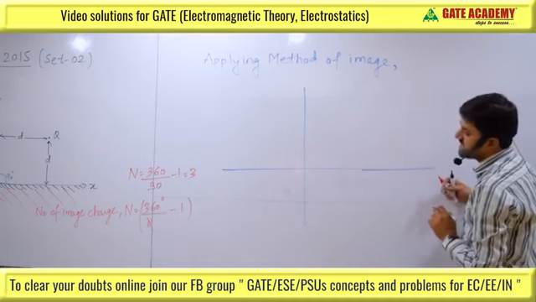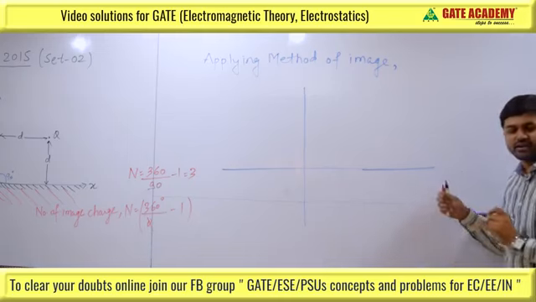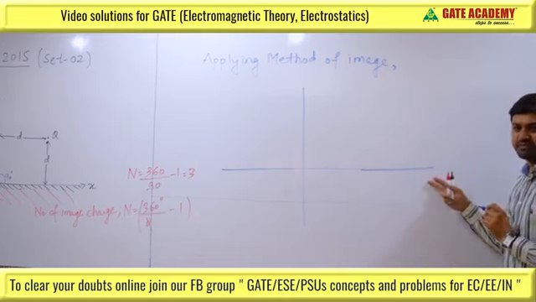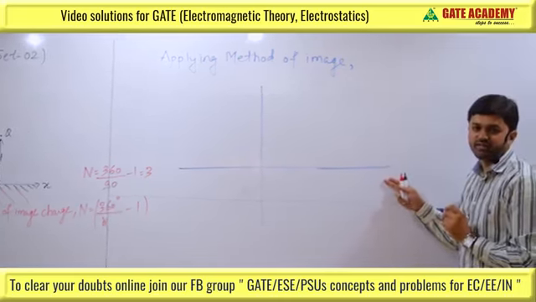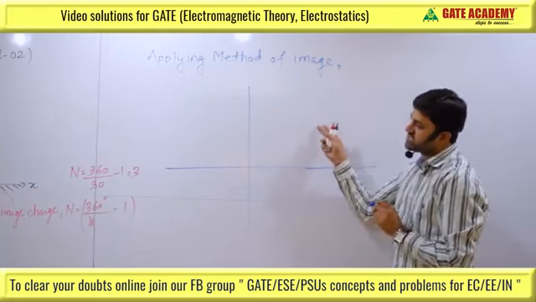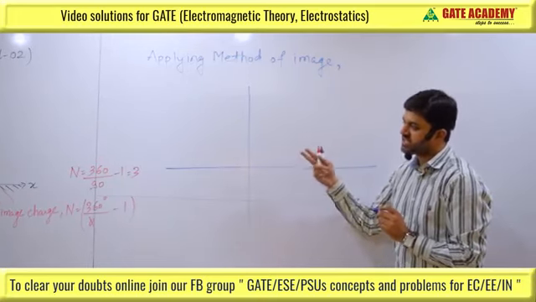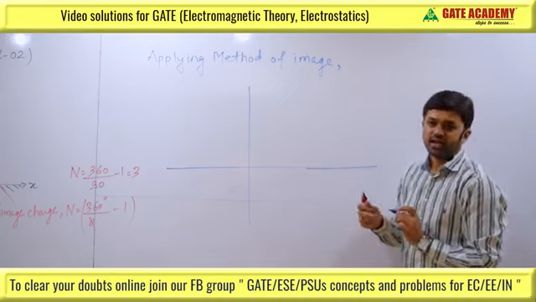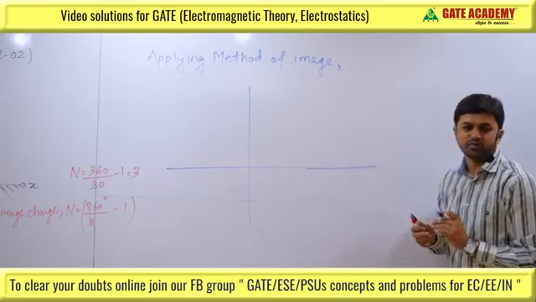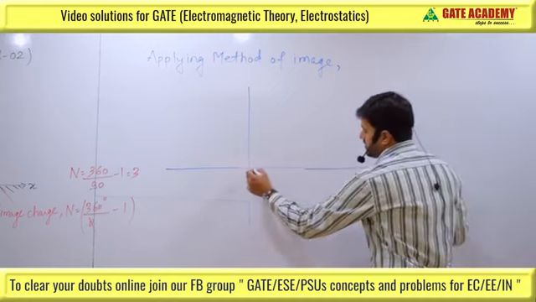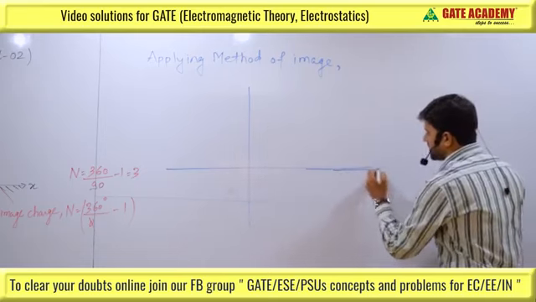Method of image says that the perfect conducting sheets should be replaced by an equipotential surface, and the charge in the conducting region there should be an image charge with opposite polarity. So this is the equipotential surface.